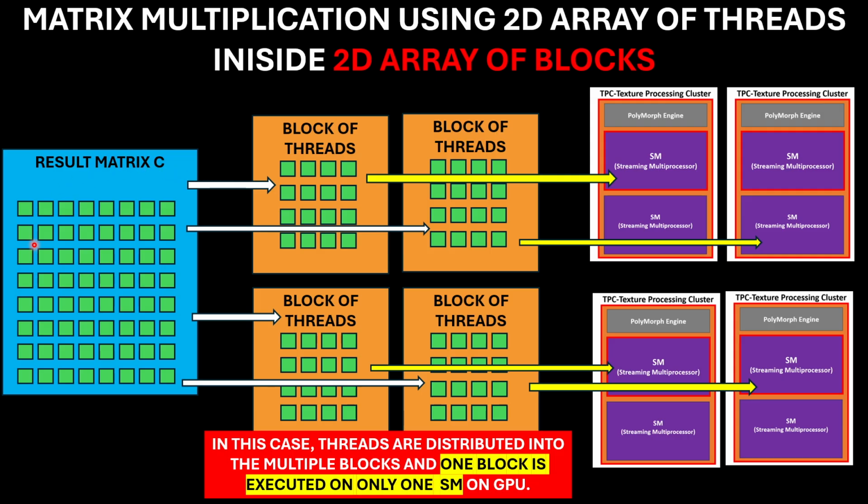So this kind of solution, making multiple blocks, in this case a 2D array of blocks, is important for large scale matrices, when we want to maximize usage of our GPU resources, which means equally loading our streaming multiprocessors inside the GPU.